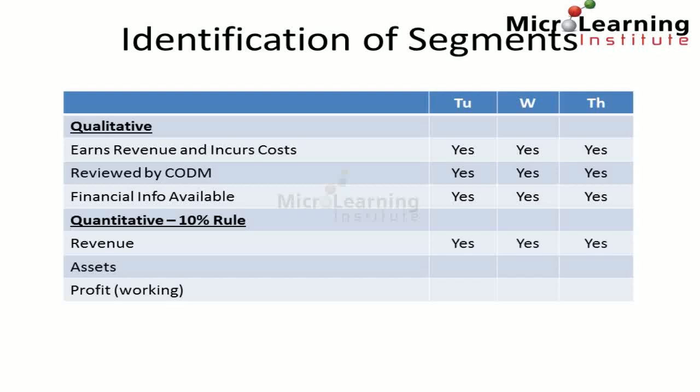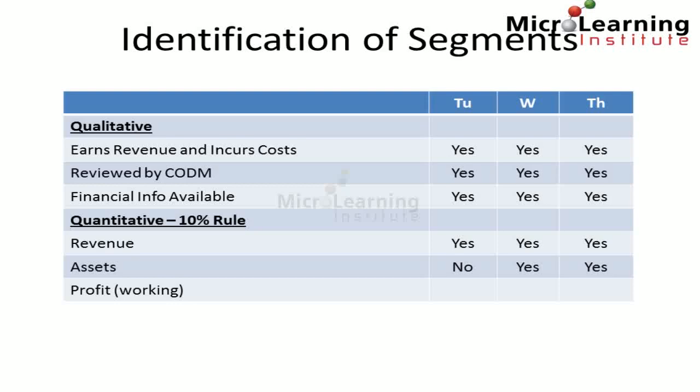For each segment, the revenue earned is 10% or more of the overall revenue of the organization. And similarly, for each segment, the assets, well, for segments Weedon and Thurso, the assets represent 10% or more of the overall assets of the organization.